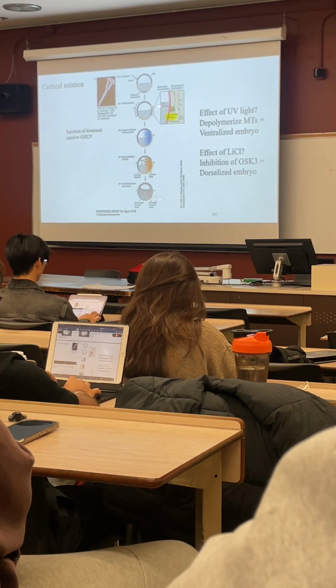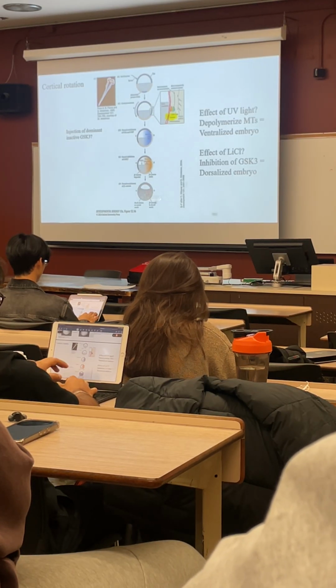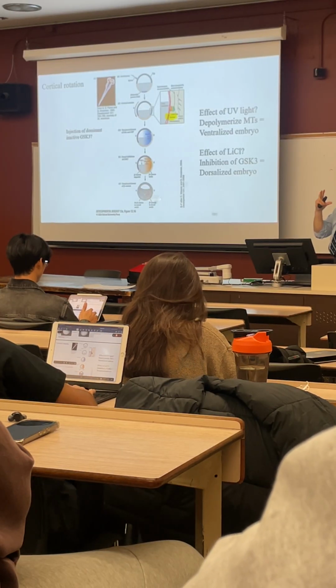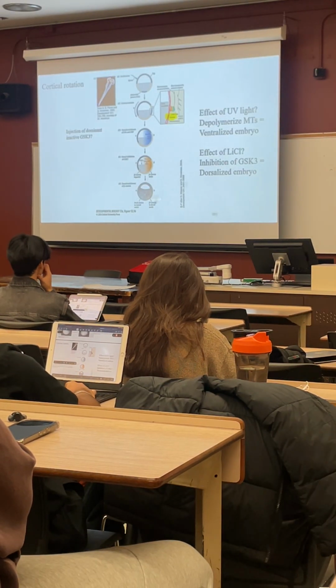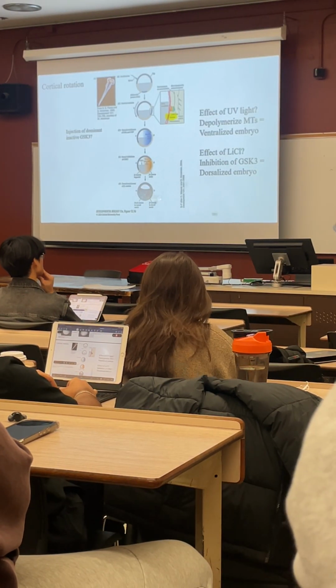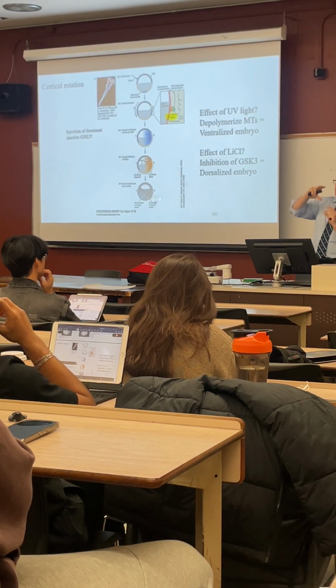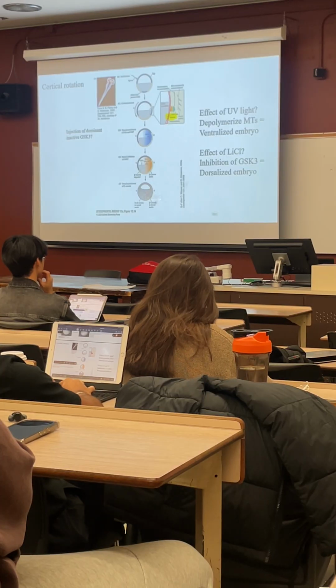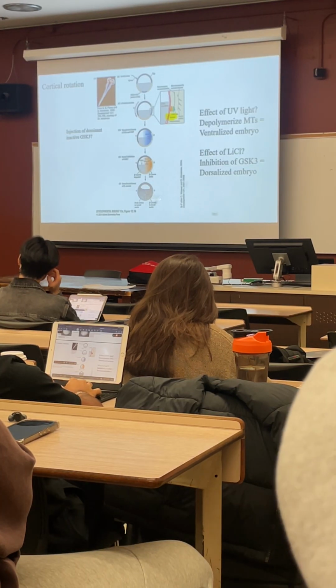It's rotating the outside of the egg with respect to the inside of the egg. Okay, so that whole cortex, the cortical elements, the whole outside of the egg is going to rotate with respect to the inside of the egg about 30 degrees because kinesin is moving things.